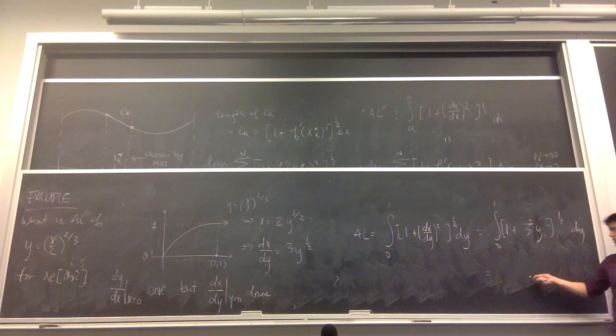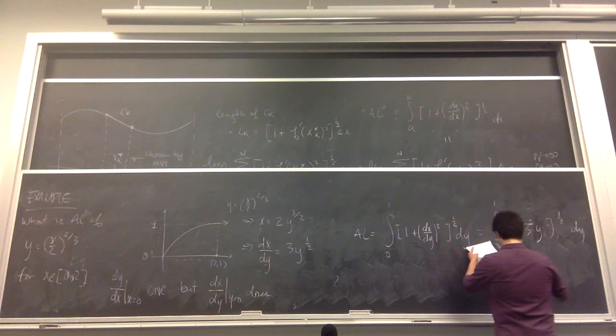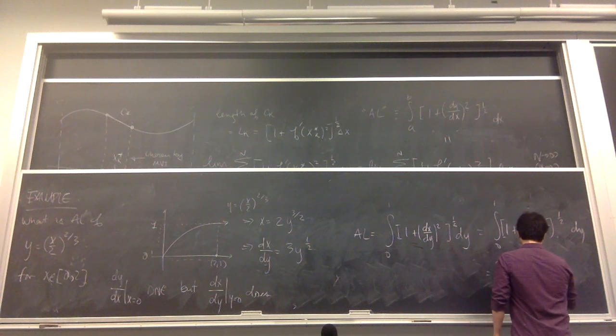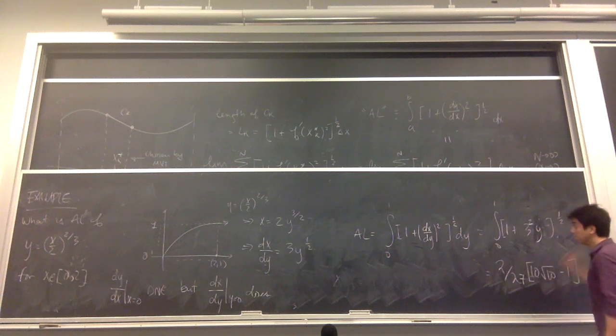And you can continue from here. The answer I got was 2/27 times (10 root 10 minus 1).